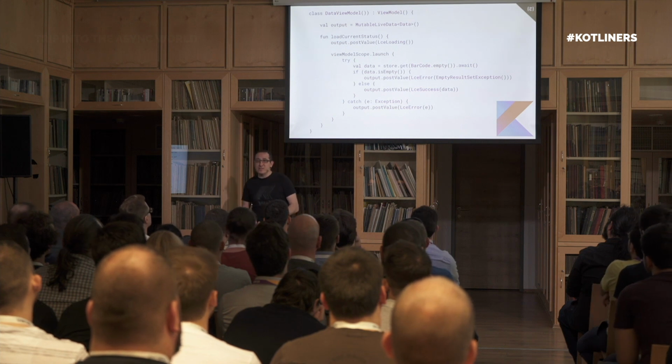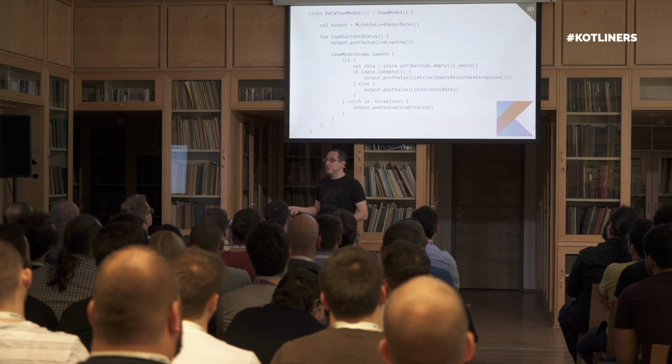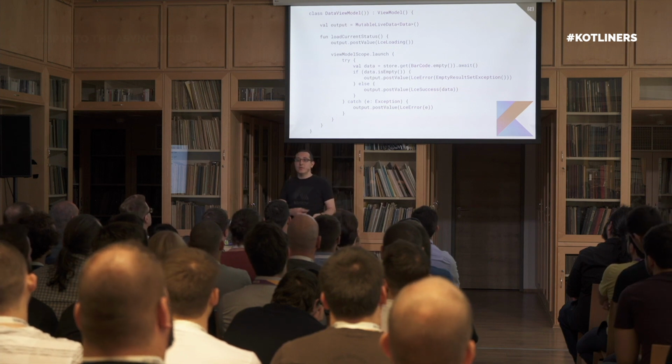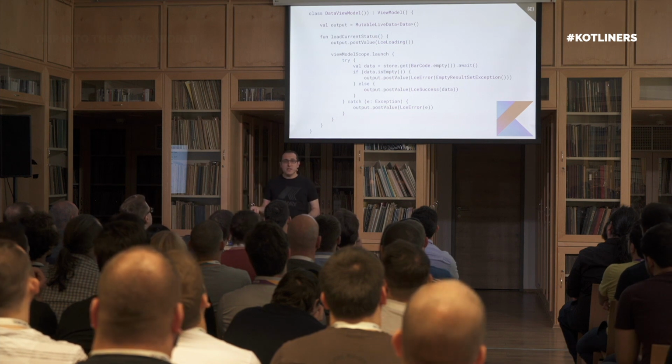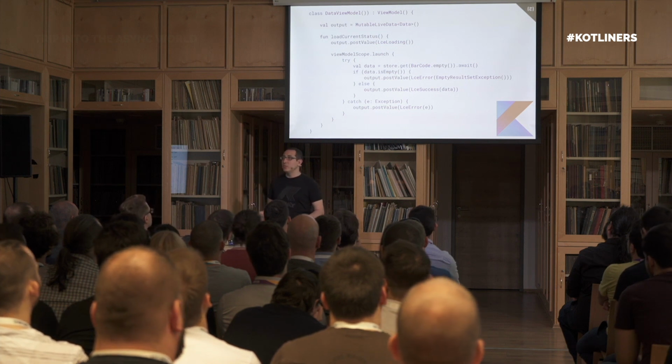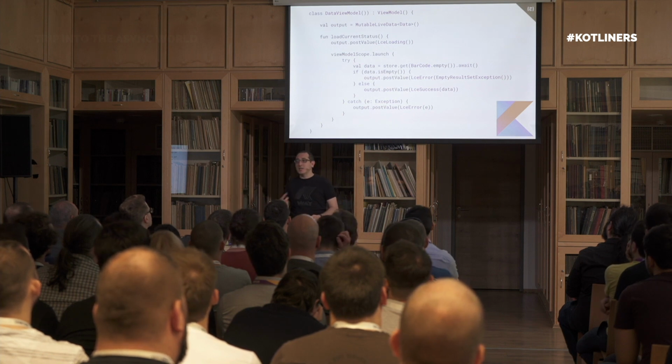Here we don't really care in what thread we are executing, because the post value will automatically post it to the main thread. So it's fine. Then, since we are in the view model, and we have the view model extensions there, we can simply use the view model scope and launch our coroutines.